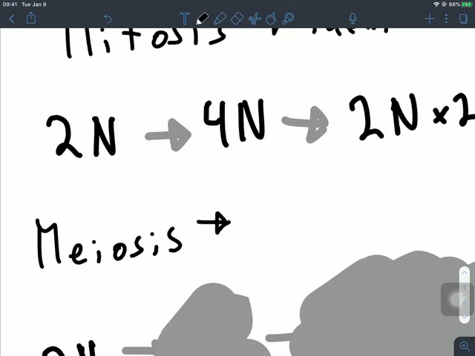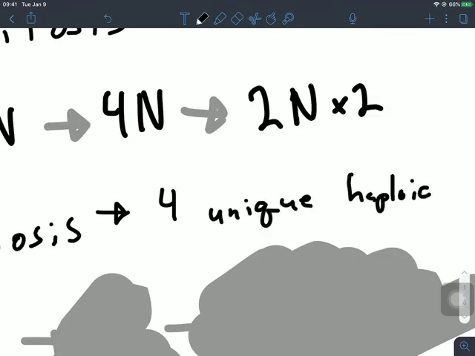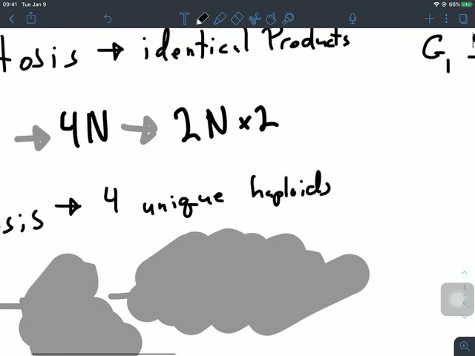The bird's eye view on meiosis is that rather than making identical products, you are making four unique haploid cells, meaning that their ending genetic material is a single N. And it's critical that you understand that all of these will be unique at the very end.